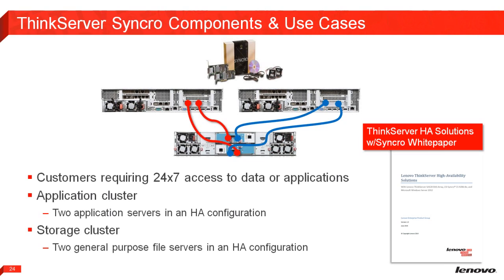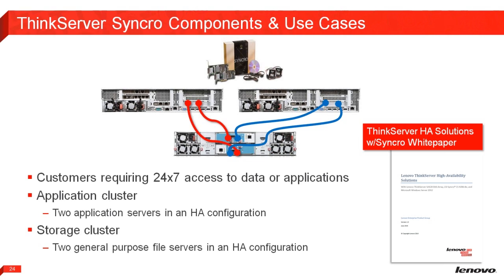If an I/O controller goes down, the other I/O controller is available. So it's a highly redundant, high availability solution, really ideally suited for that SMB customer that needs 24/7 access to data or applications.